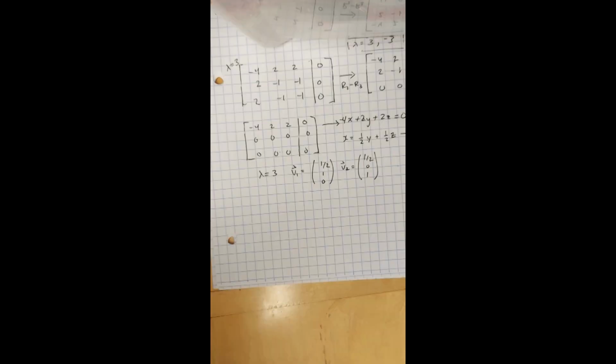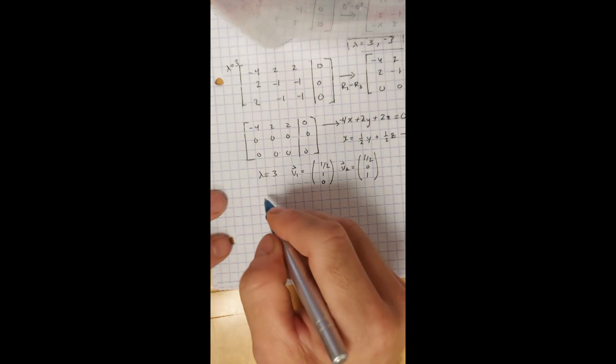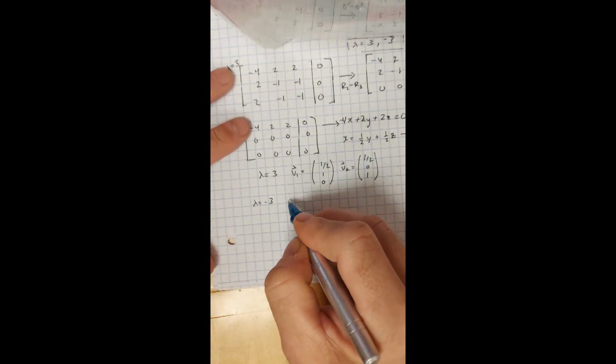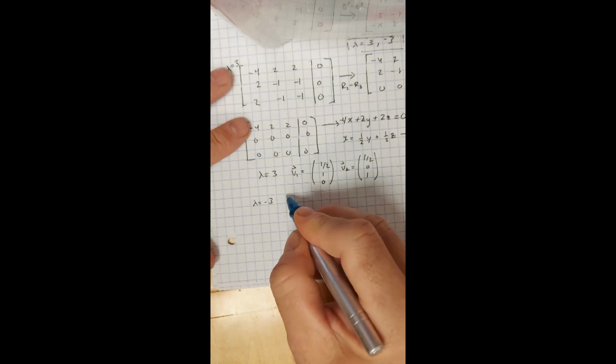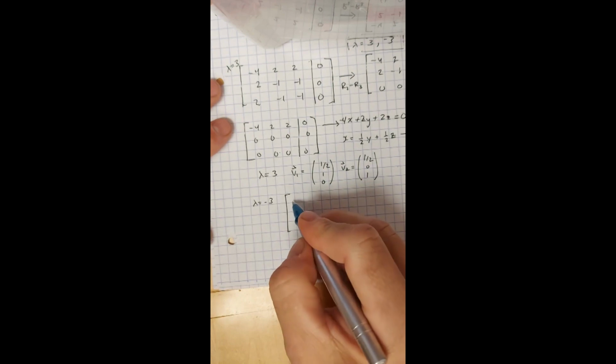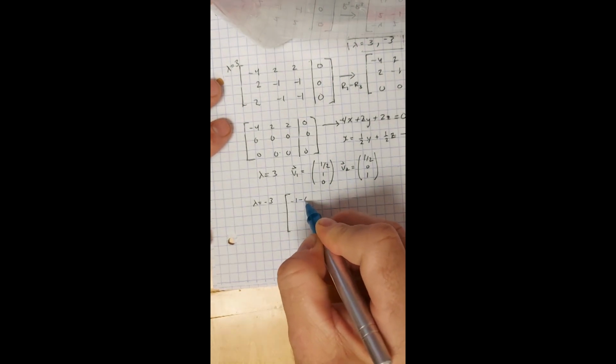Then let's do the same thing for lambda equals -3. For lambda equals -3, we're going to do the exact same thing. So we're going to plug it back into the matrix, and we had -1 minus 3, so -1 minus a -3.